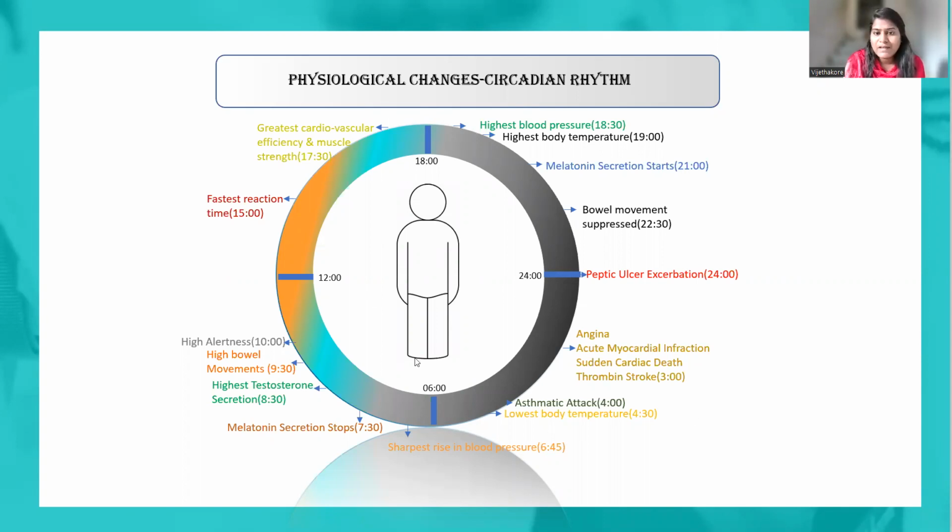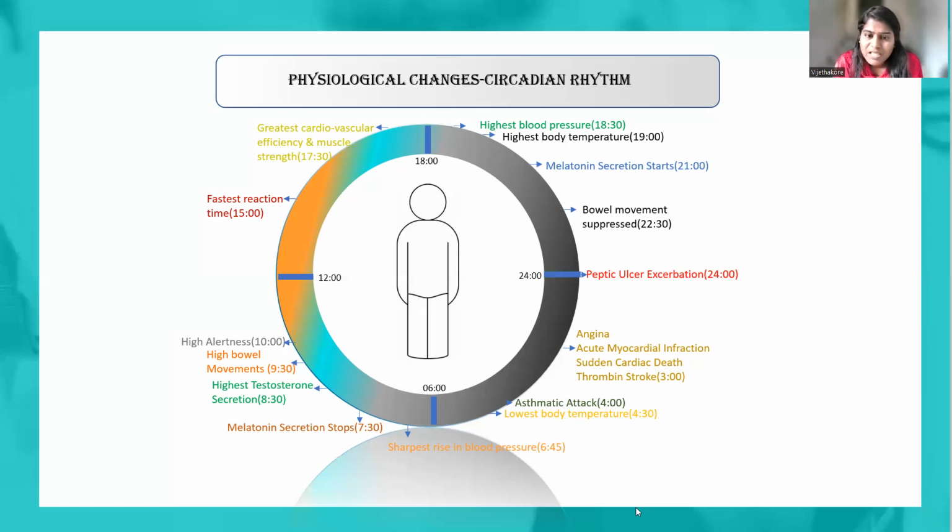And cardiovascular diseases like angina, acute myocardial infarction, sudden cardiac death, and thrombotic strokes mostly occur at around 3 a.m. And asthmatic attacks are most frequently seen at 4 a.m.